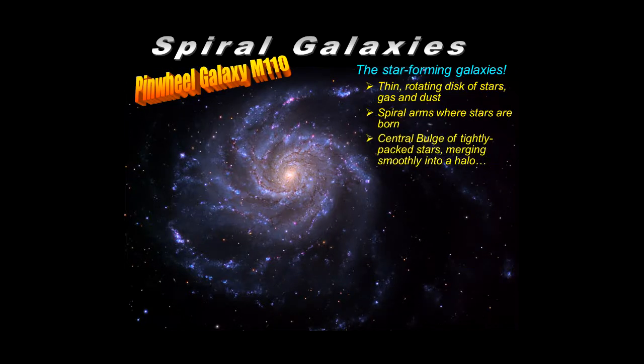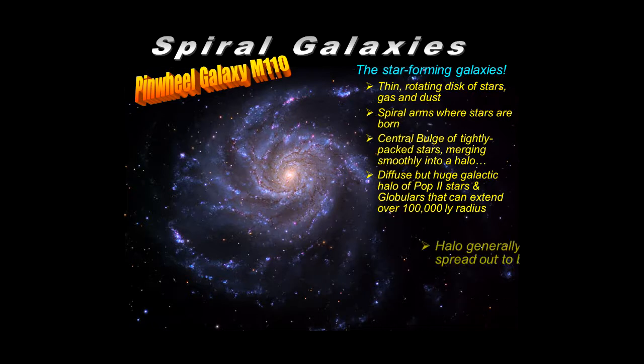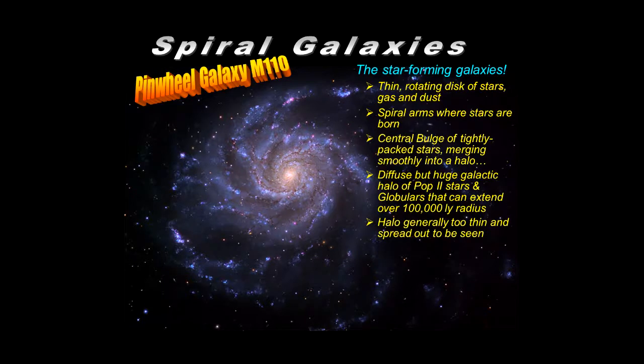Also a central bulge of tightly packed stars, and that bulge merges smoothly into a halo, which is an extended region, very diffuse population 2 stars, and globular clusters that can extend over 100,000 light years in radius. Generally too thin and spread out to be seen, but very prominent nevertheless.